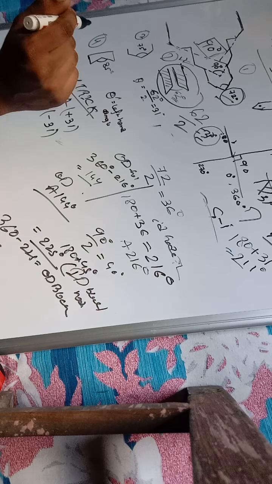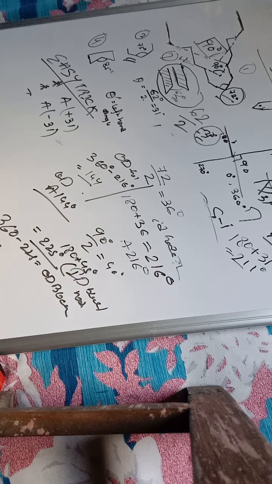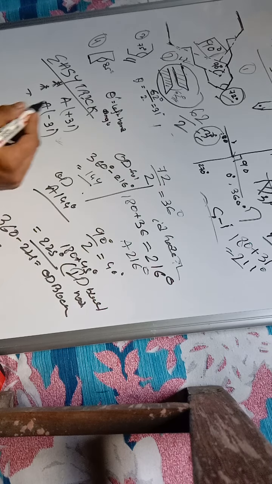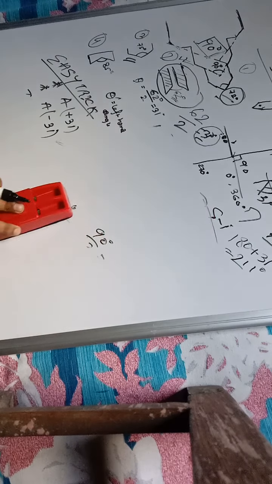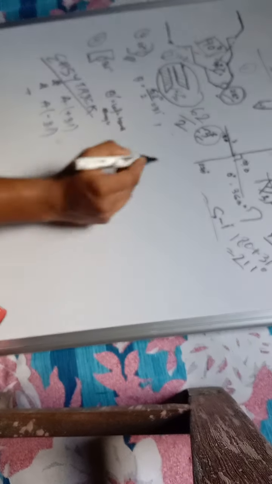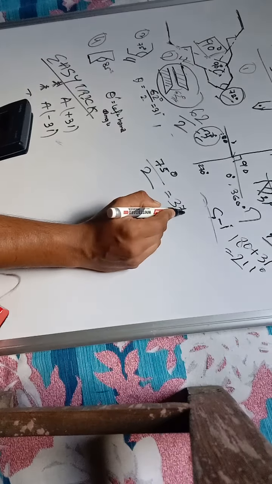So let us talk about this angle, 75 degree. How will you do this? In the same way you can find it. At first we have to have the value of the angle. Then what is the value of 75 degrees divided by 2? It will be simply 37.5.